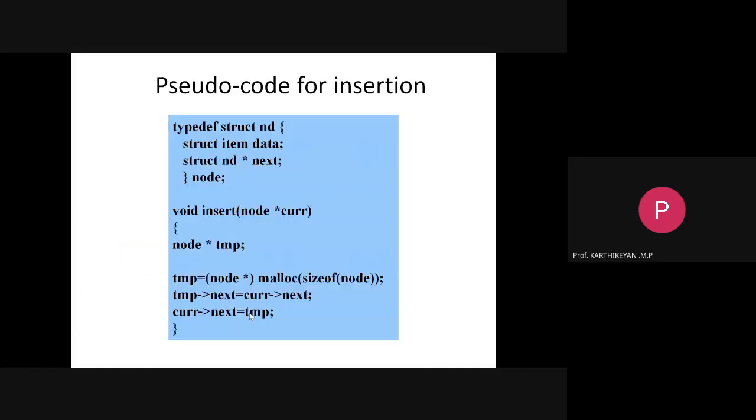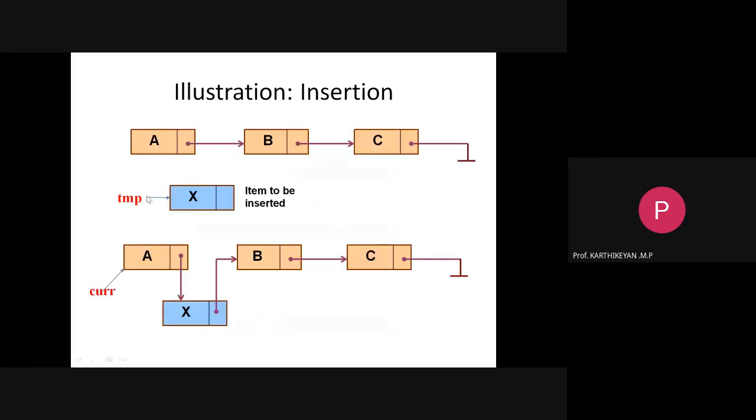How are we going to create this linked list? If you are taking A, A is nothing but a structure variable. If you want to create an array, normally we will give int array of 100 values, so 100 values will be stored.